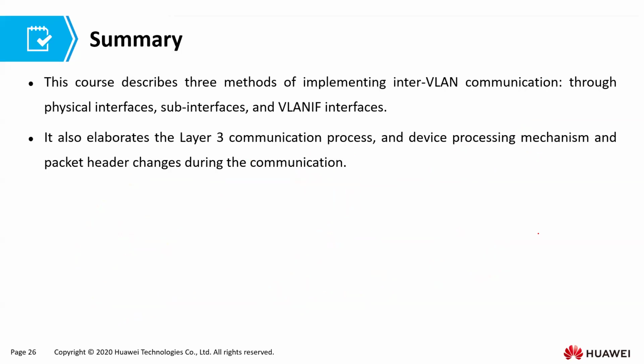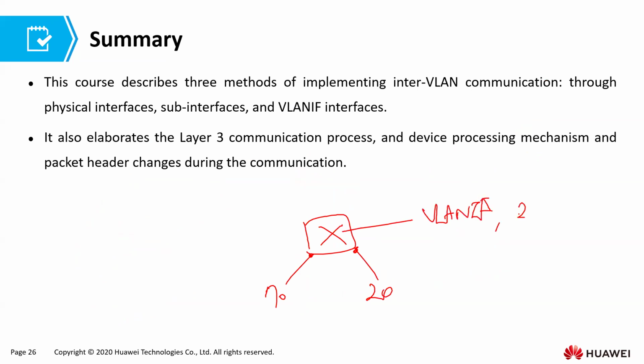Then the last one is interVLAN using a layer 3 switch. I have one device which performs both switching and routing. Here, I don't use the physical interfaces; I use my virtual interfaces. So I create my VLAN interface for 20, and I create another one for 10.